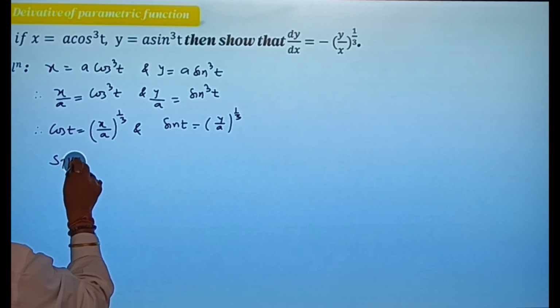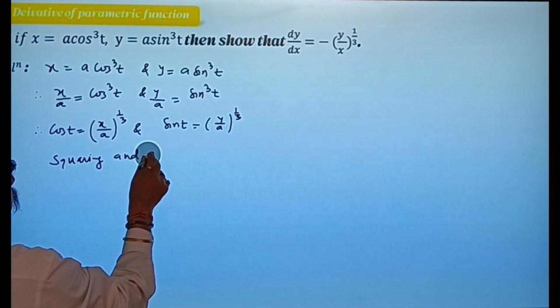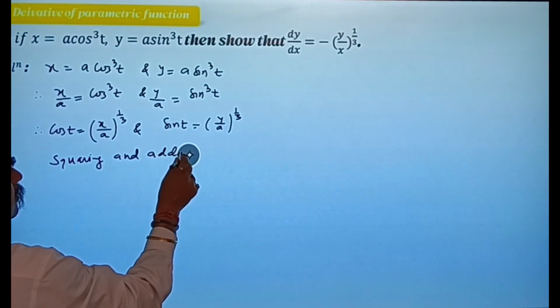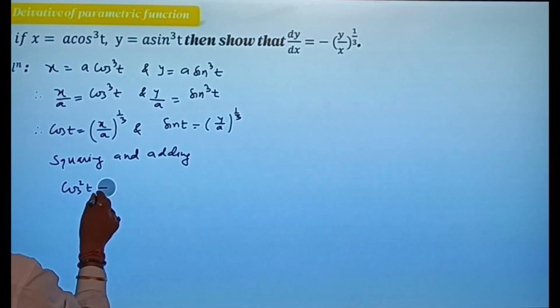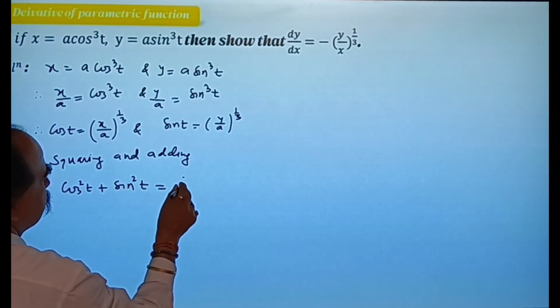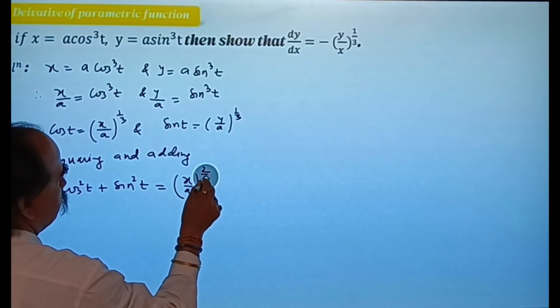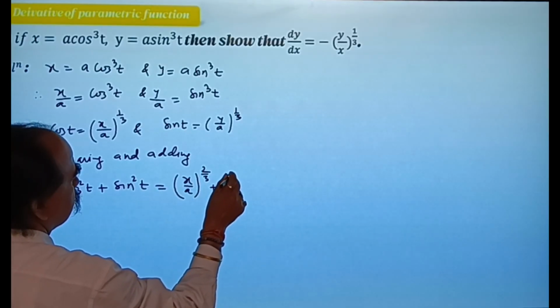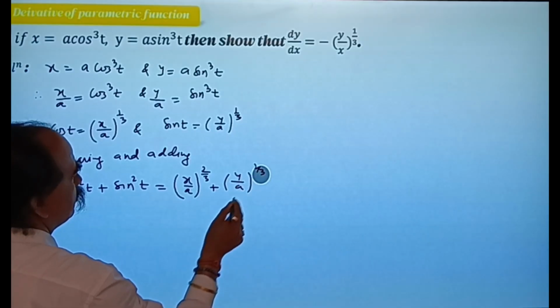Squaring and adding. So cos square t plus sin square t is nothing but x upon a raised to 2 by 3 plus y upon a raised to 2 by 3.